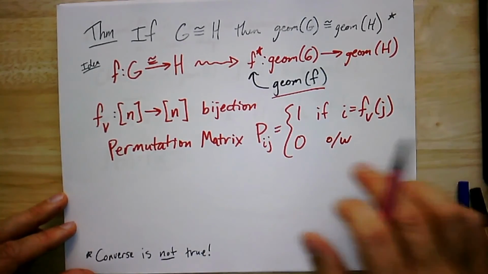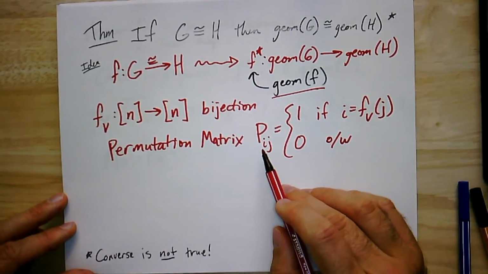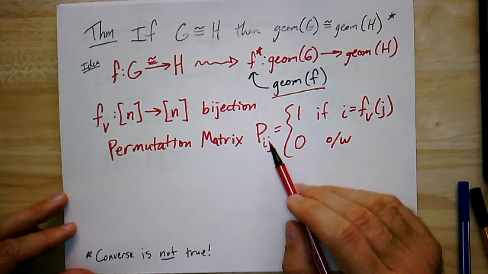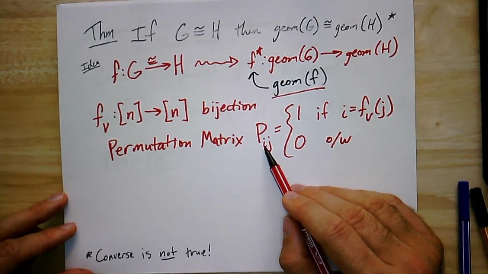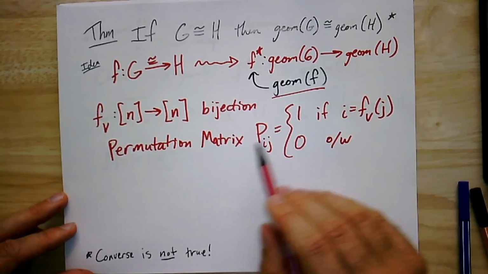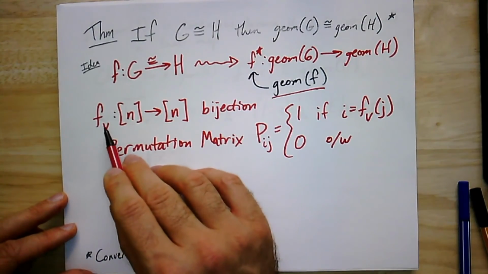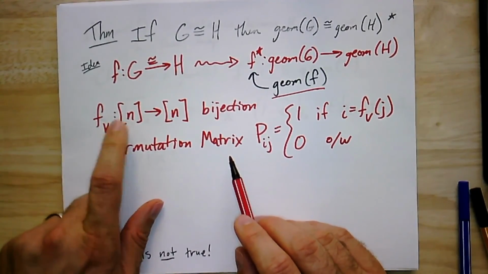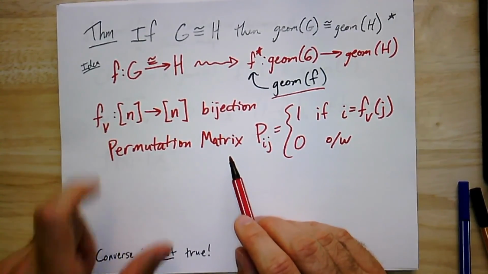This is a matrix, and if I were to write a single vertex as its corresponding standard basis vector, it would map it to the standard basis vector that corresponds to the index change from fv.